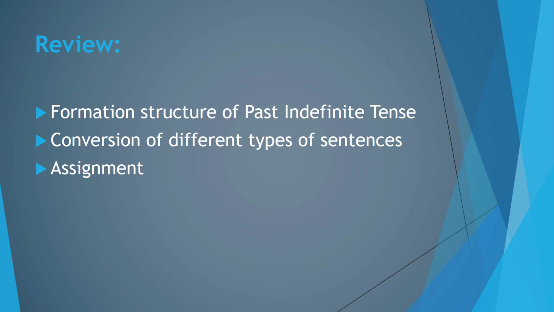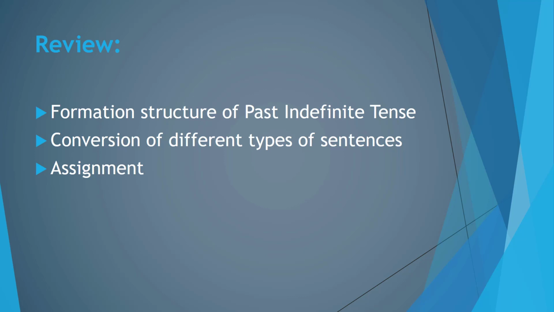Let's review this lesson quickly. First of all, we discussed formation structure of simple past tense both in active voice and in passive voice. We learned that subject is given priority in active voice but object is given priority in passive voice.